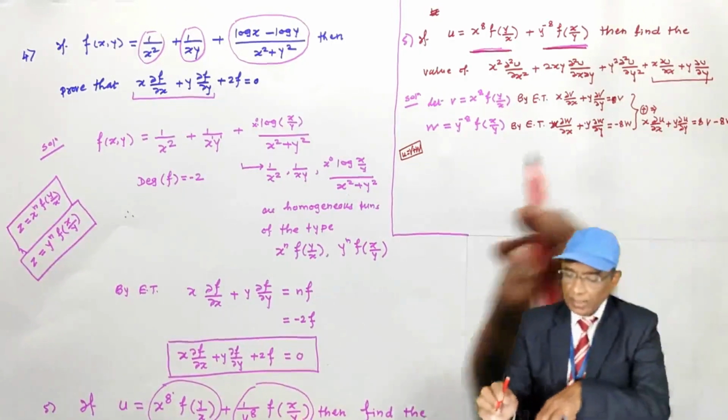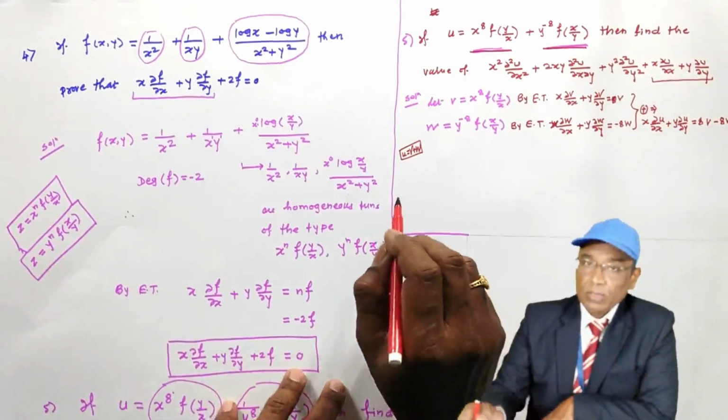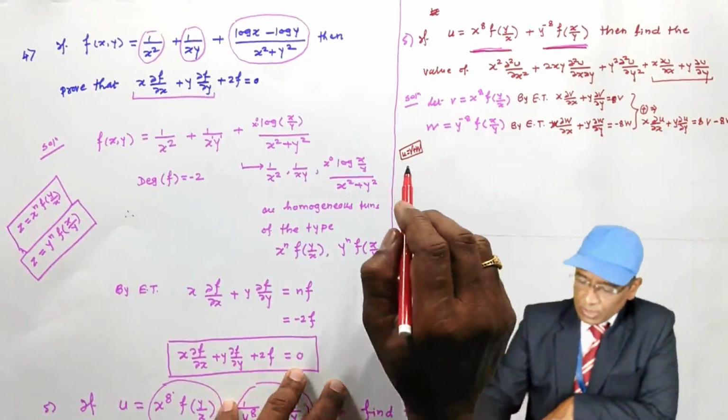Now for v and w, the second order differential coefficient I am writing by Euler's theorem.